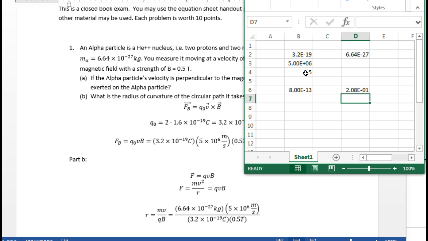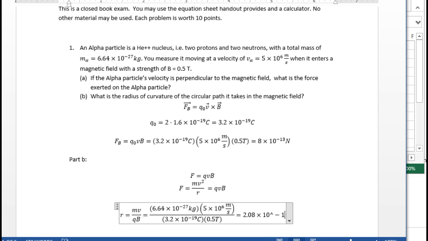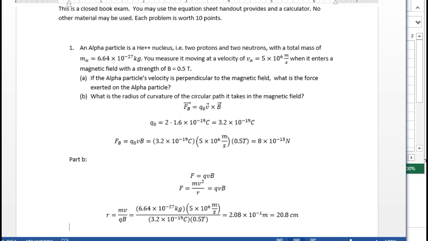So that is 2.08 times 10 to the minus 1 meters, which is 20.8 centimeters, is our radius. And that's the solution to problem 1.